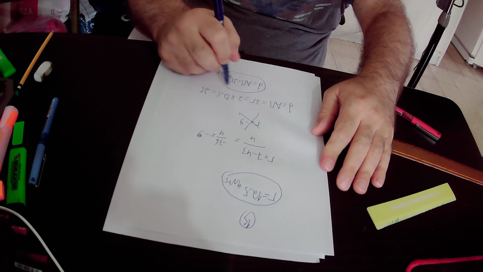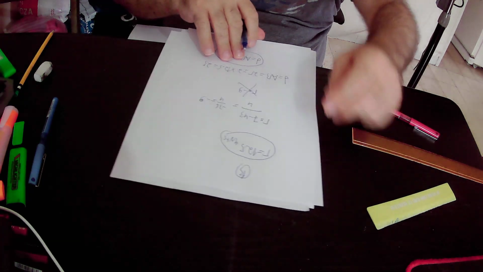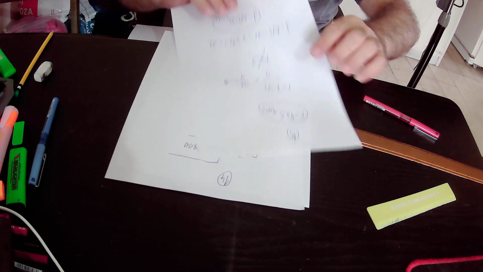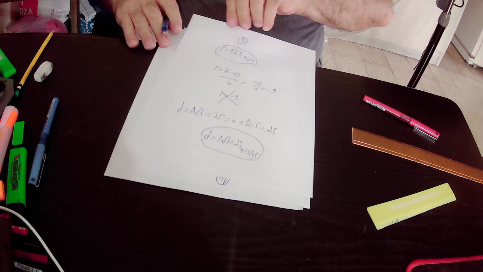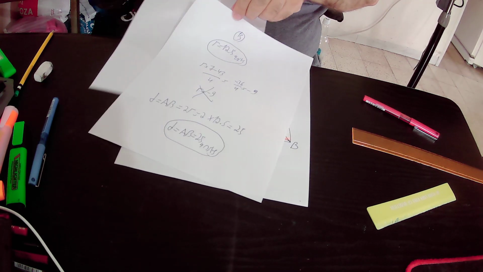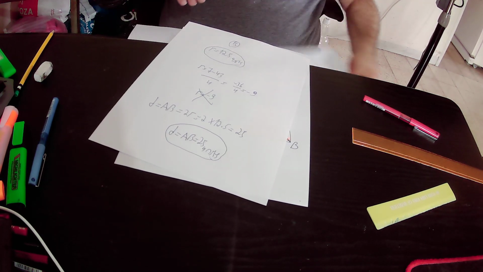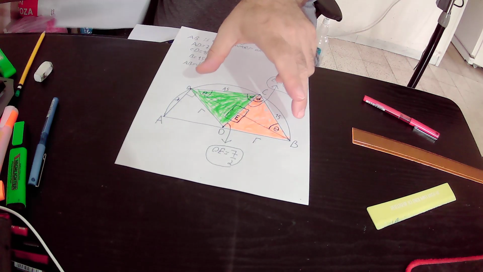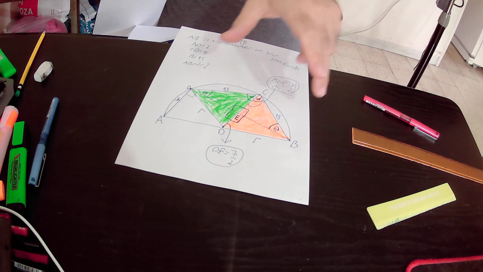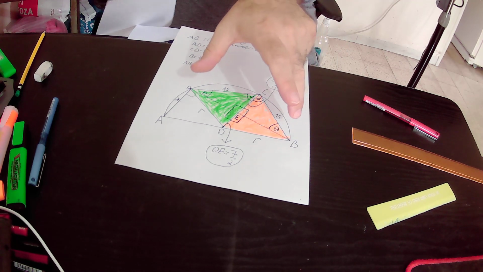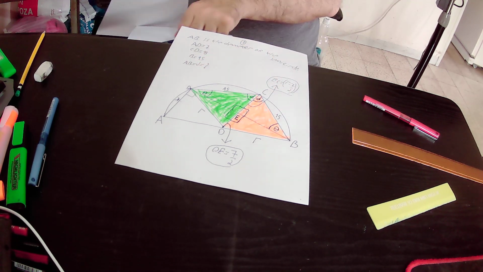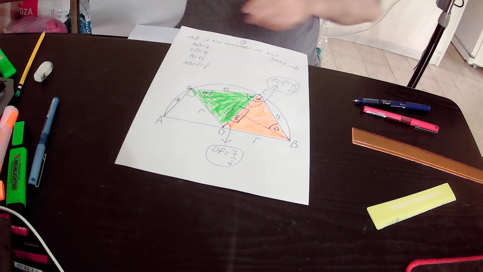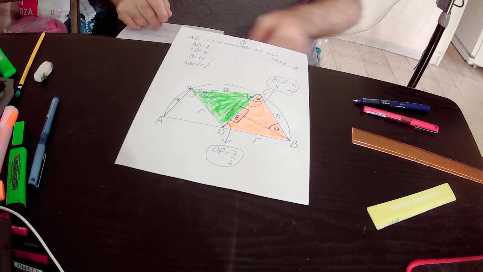The diameter of the semicircle equals 25 units. AB equals 2 times the radius equals 25 units. Okay, so that is the solution to the question.